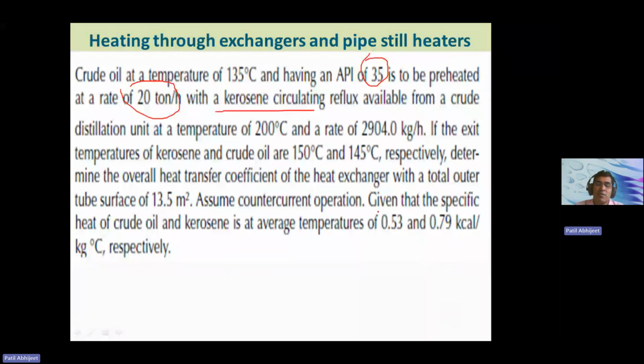So this value is Cpc, the specific heat for crude oil, and this is Cph, that is for kerosene.